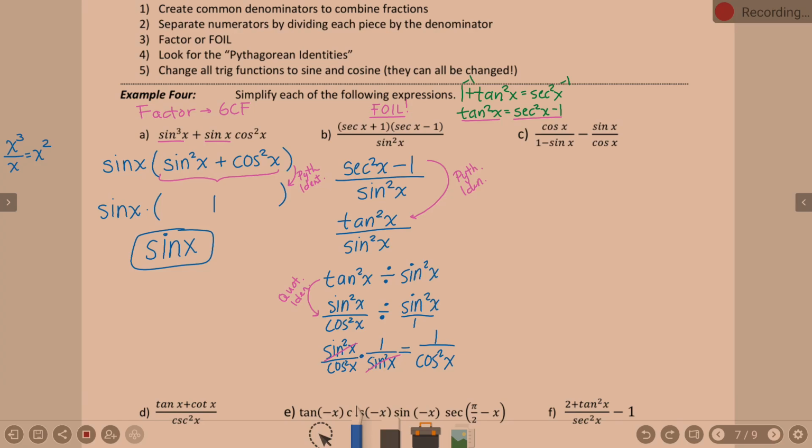Now, I'm going to tell you, the answer key is almost always going to go one more step. It won't leave 1 over a trig function. So would it be secant squared x? A cosine in the denominator, well, cosine is the reciprocal of secant. So a cosine in the denominator is a secant squared. So this is secant squared x.